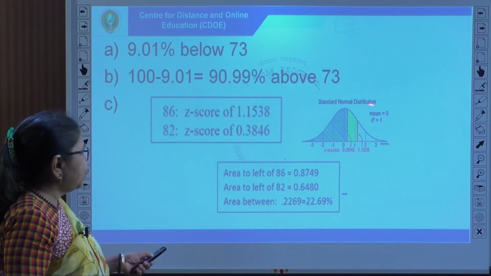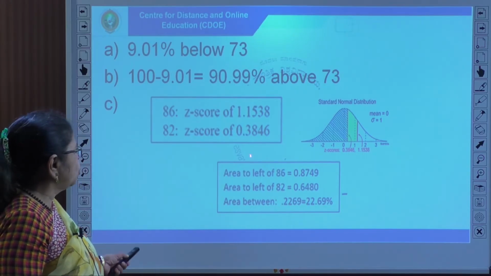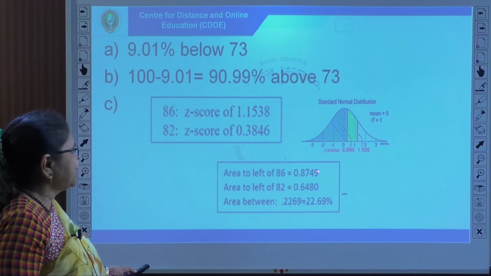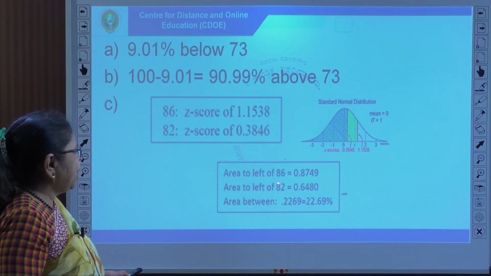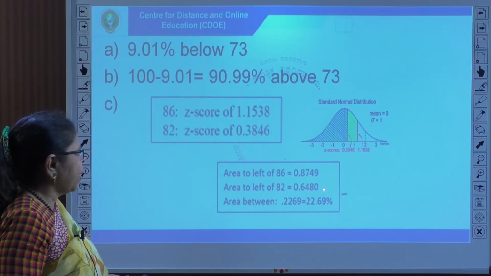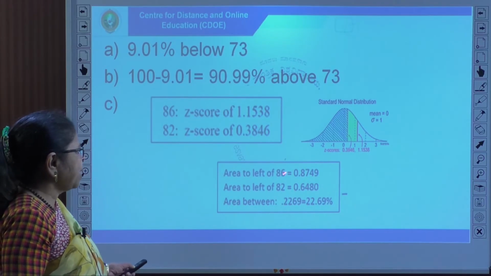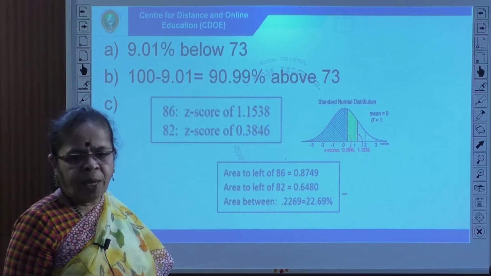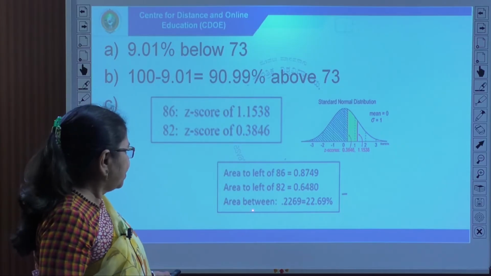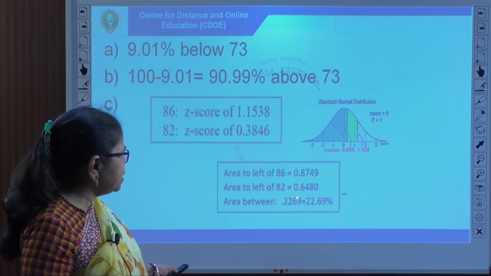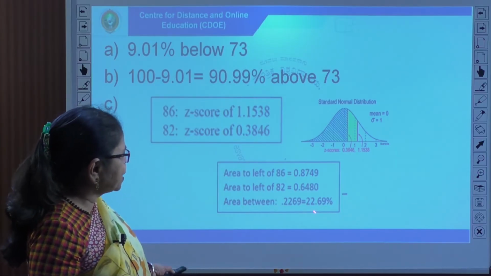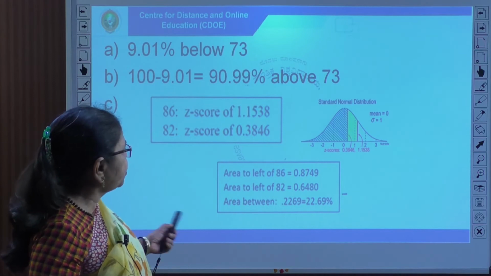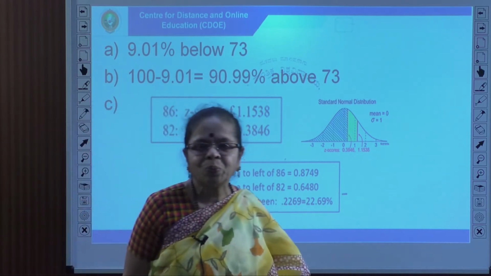So, the number from the Z table corresponding to this Z value is 0.8749 and to the left of 82 is 0.6480. So, these two numbers I got similarly to how I got the previous case from the Z score table. So, the area in between is this. So, that means 22.69% got in between 86 and 82.